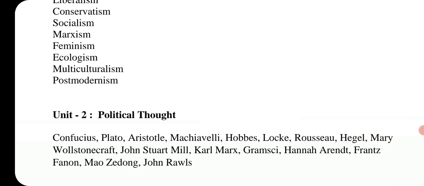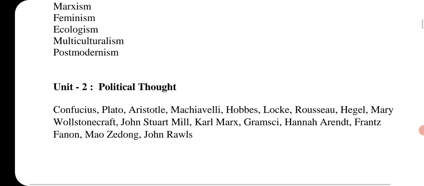In political thought, the mostly famous political philosophers, ancient and medieval, are Confucius, Plato, Aristotle, Machiavelli, Hobbes, Locke, Rousseau, Hegel, Mary Wollstonecraft, John Stuart Mill, Karl Marx, Gramsci, Hannah Arendt, Frantz Fanon, Mao Zedong, John Rawls.